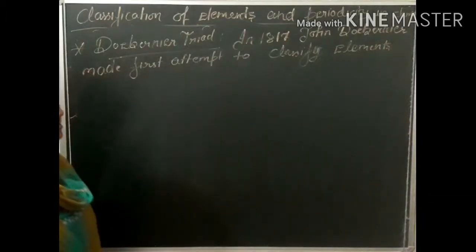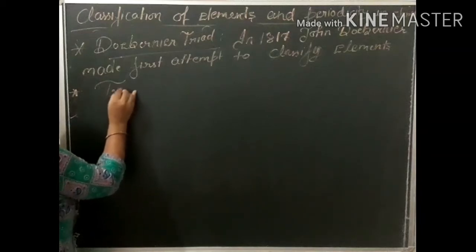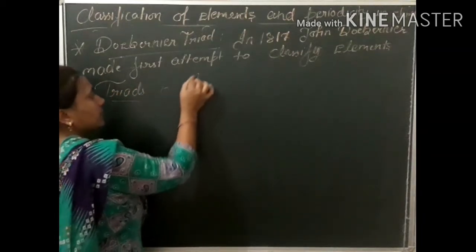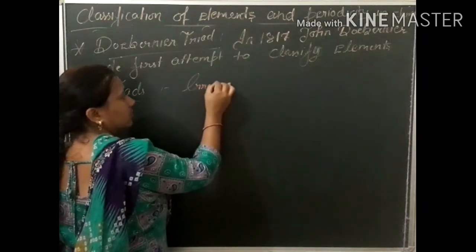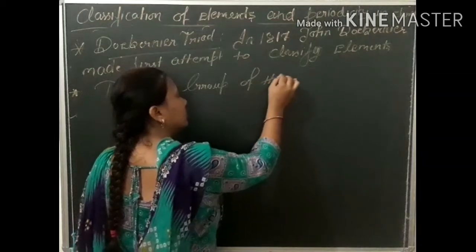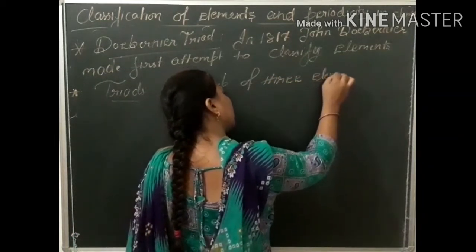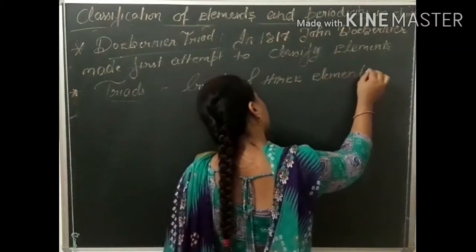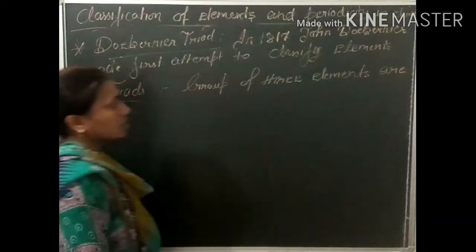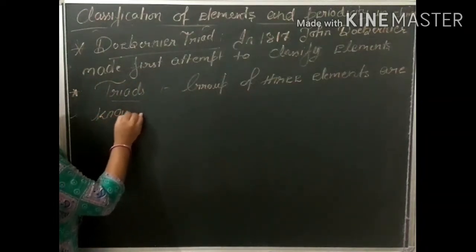He gave triads. Triads means a group of 3 elements; a group of 3 elements is known as triads.